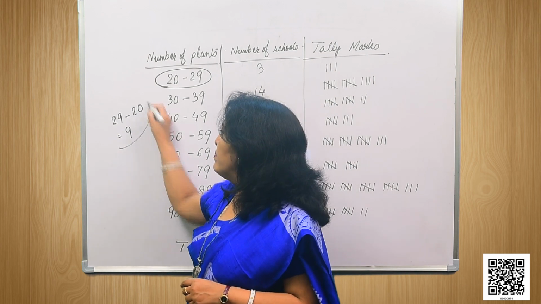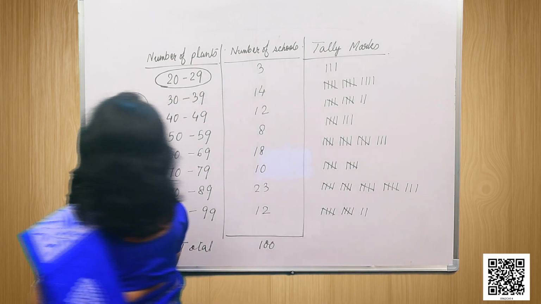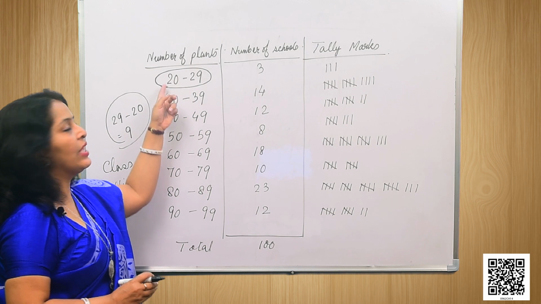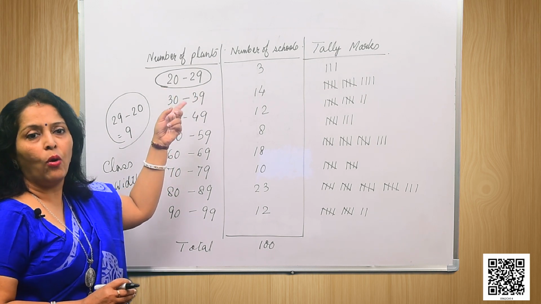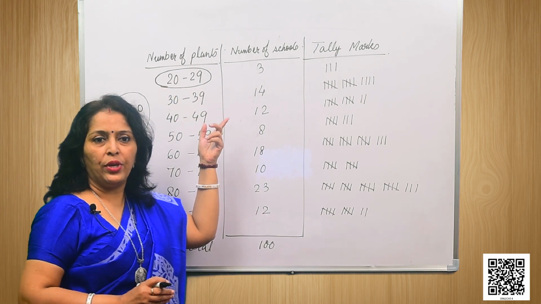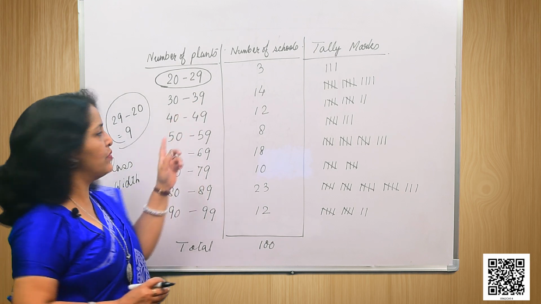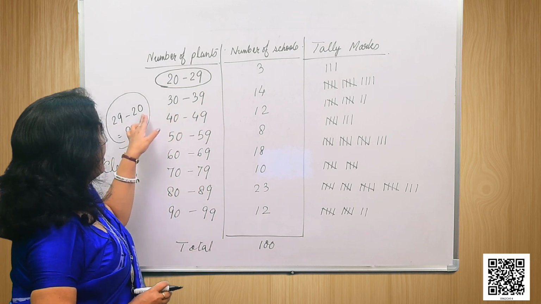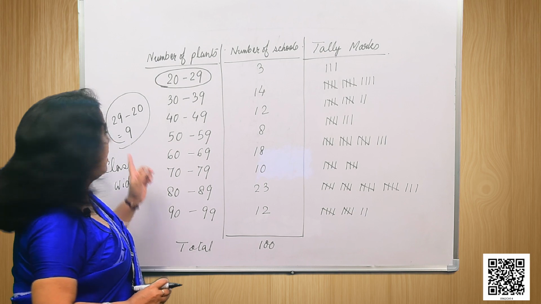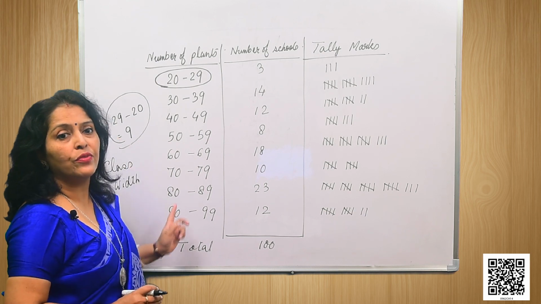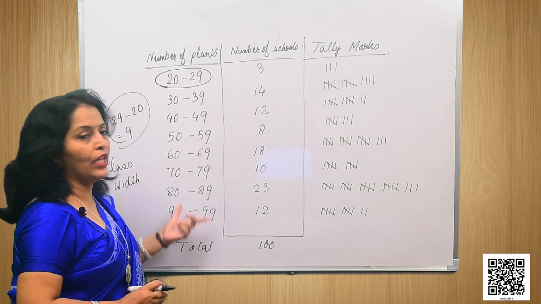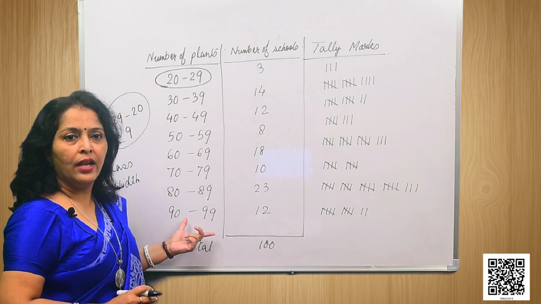So this is a new term, your class width. I found the difference in this manner, 29 minus 20, 9. Now this 9 is called the class width. Check here, all of them have the class width 9.